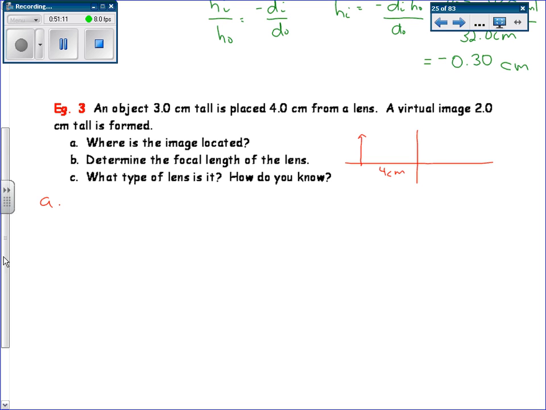So where's the image located? So we're looking for DI. So we have HO is 3 centimeters, DO is 4 centimeters, and this is HI. Okay, and it is a virtual image, so it will be positive because it's upright, so that height will be positive. So we have HI over HO equals negative DI over DO.